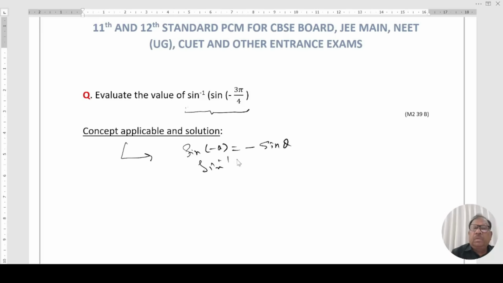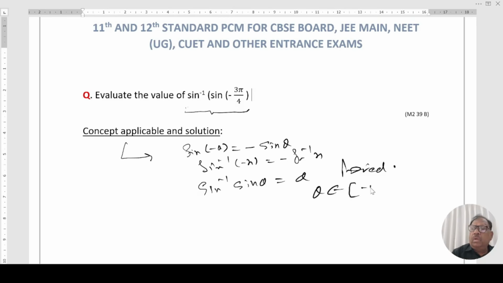Sine inverse of minus x is minus sine inverse x. And sine inverse of sine theta equal to theta, provided theta belongs to principal value branch minus pi by 2 to pi by 2.